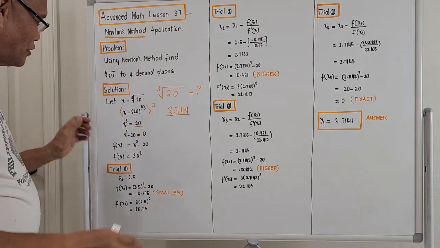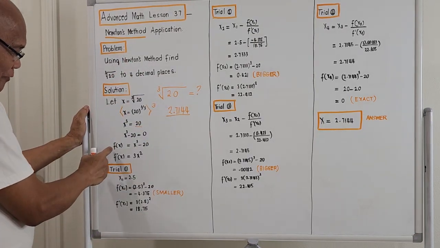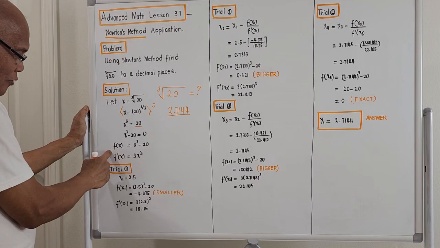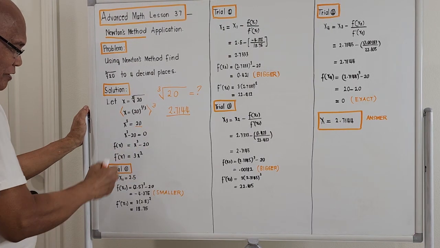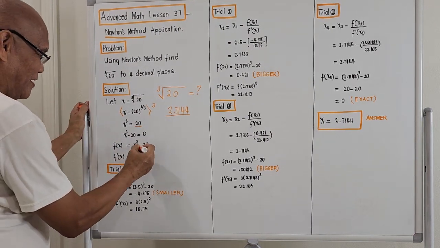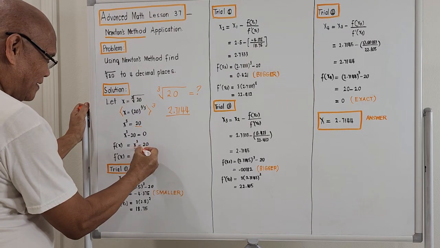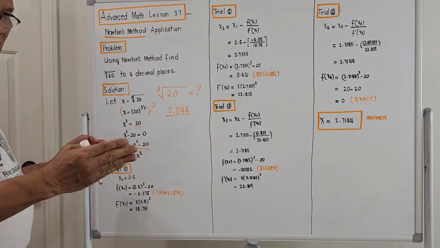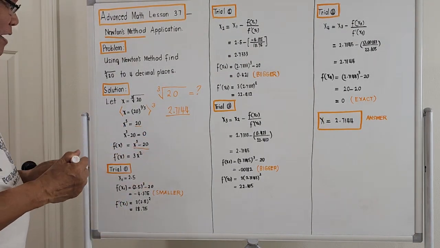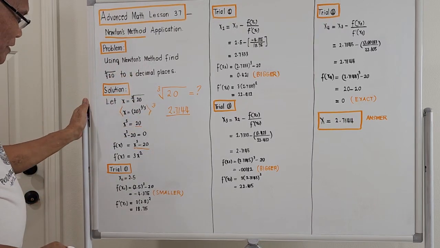So, another representation now, function of x will be x cubed minus 20. That's our function of x as related to the given problem.